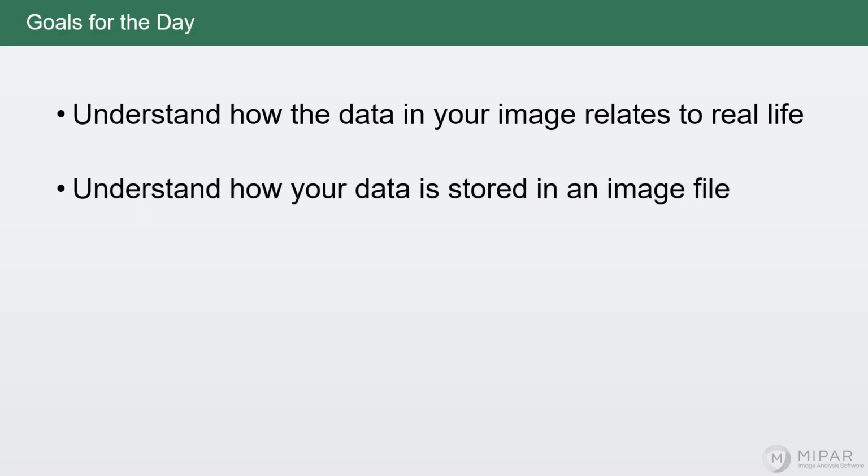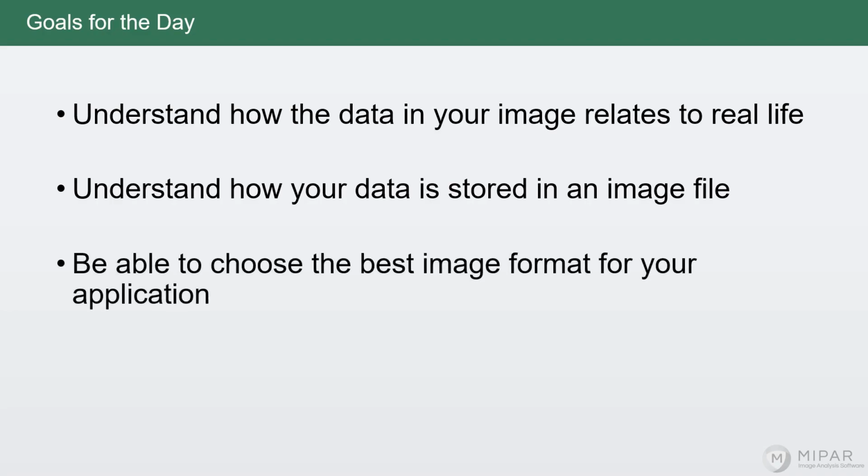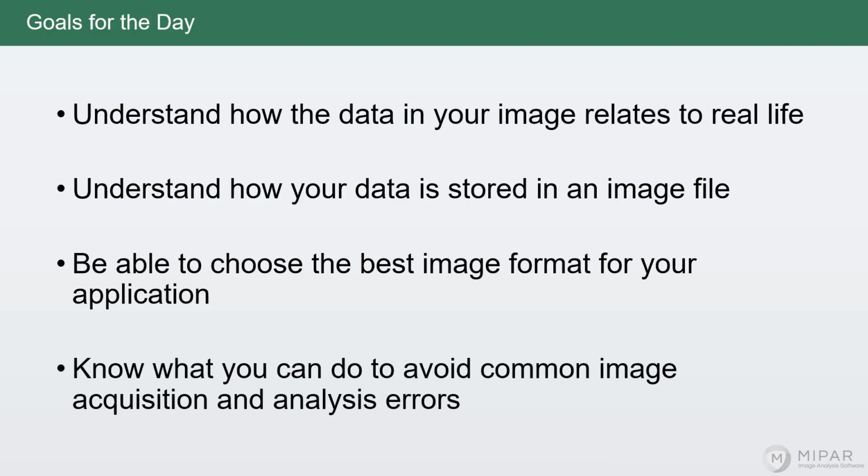So we'll talk about the data stored in the image file, the actual numbers and bits and such. You'll also learn about image formats and how to choose the best one for your particular application. And along the way, we'll talk about different acquisition errors and analysis errors that we see and how to avoid them.